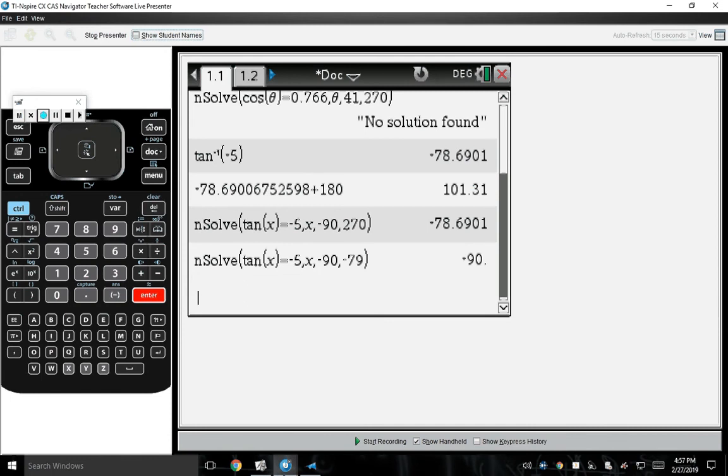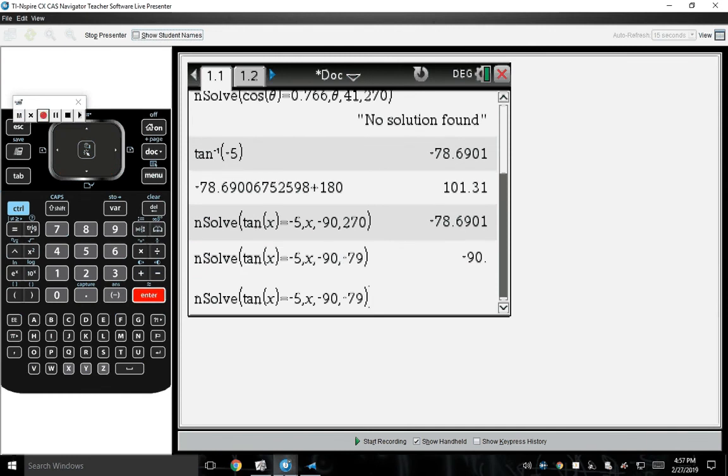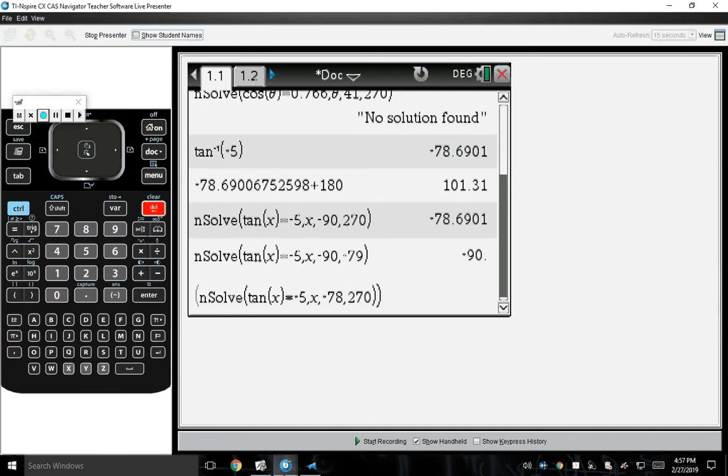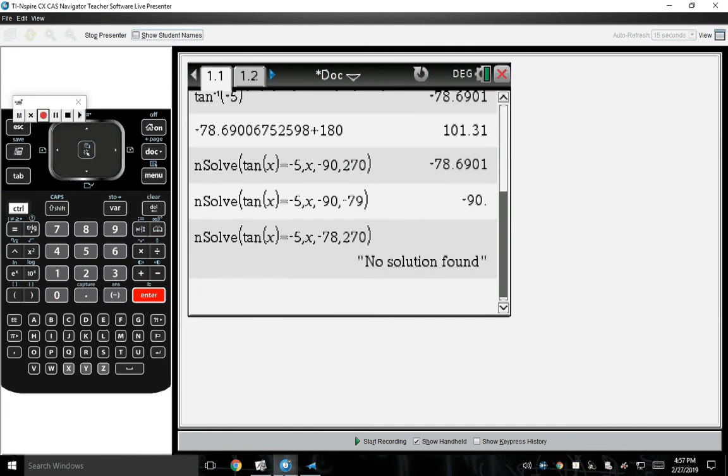It says that there is an answer at -90, but actually, let me do this real quick. It's going to be from -90 to -79. I can say my next answer could be a -78 all the way to that 270. So if I were to go to the right of my answer, basically, that's where we show that there's not going to be an answer.